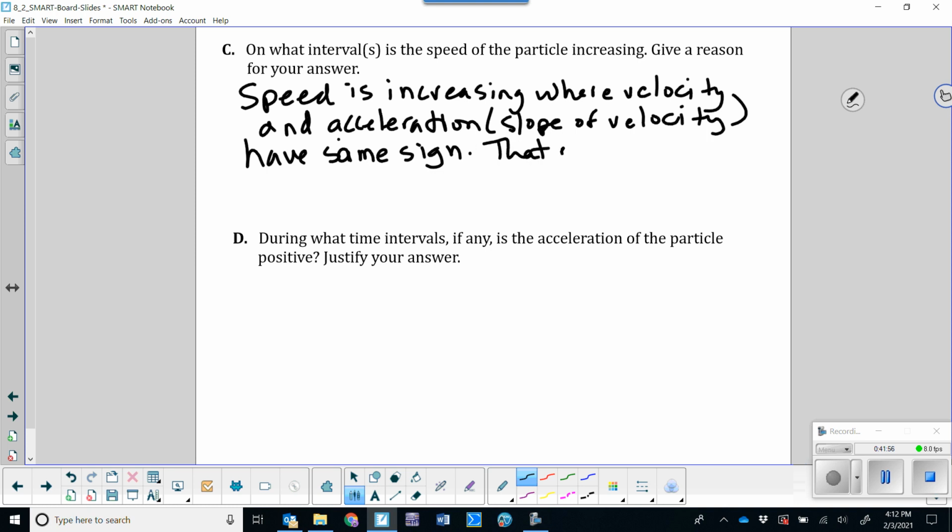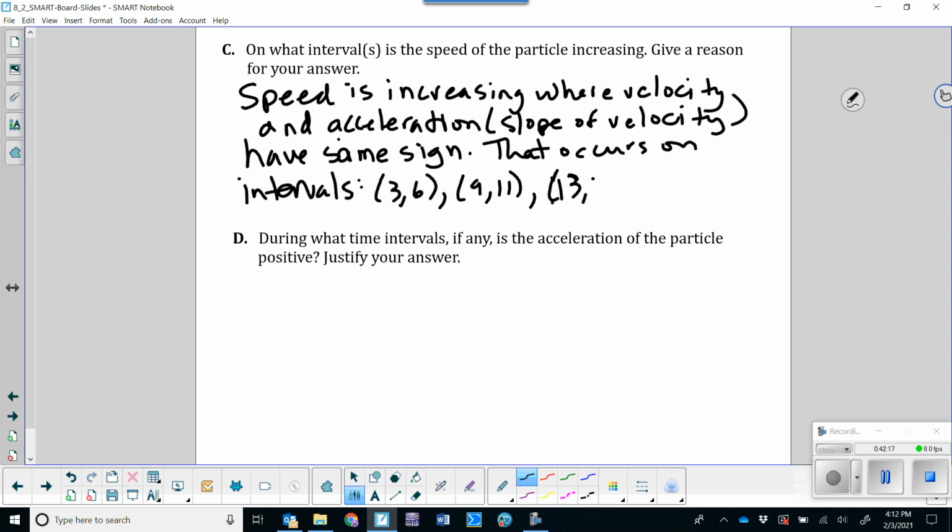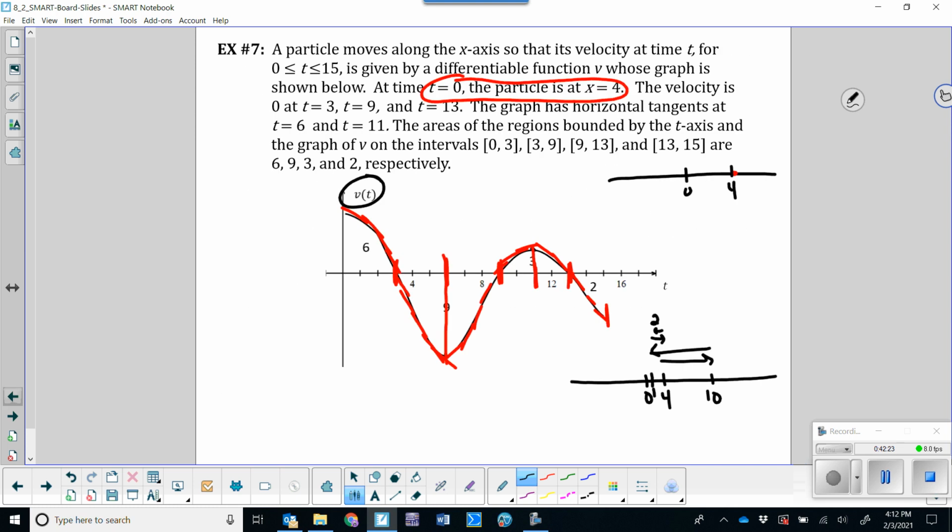That occurs on intervals. So your intervals would be from 3 to 6, 9 to 11, 13 to 15. I think it was just those three, is that right? Yeah, we had 3 intervals.